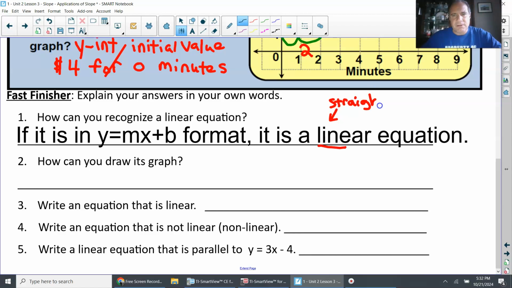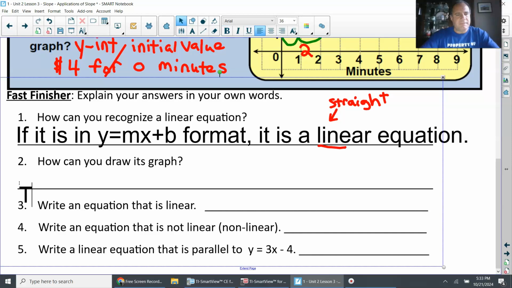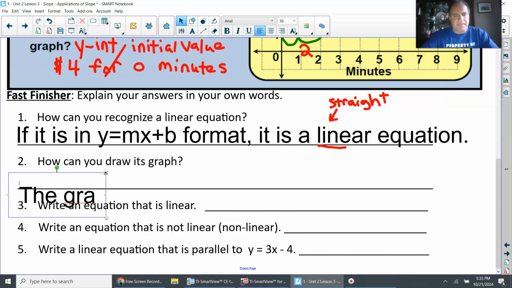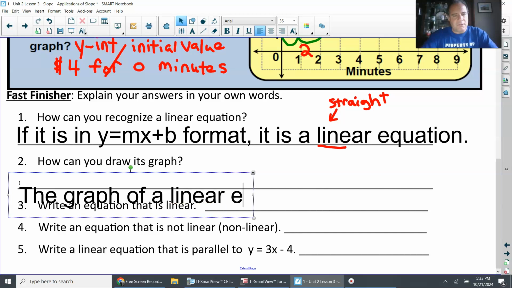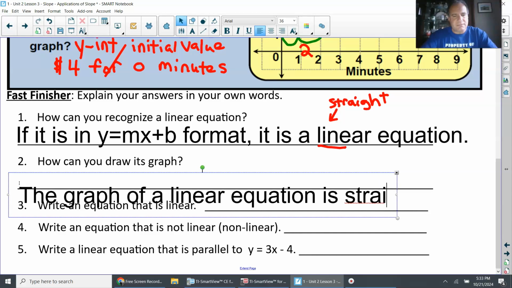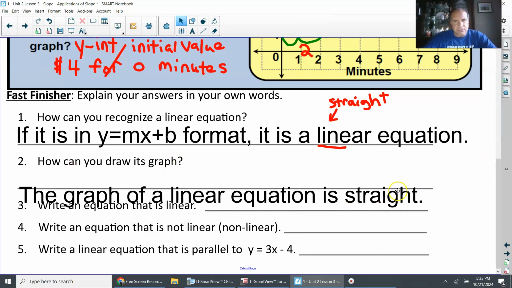So if you're going to answer the second question, how can you draw its graph? The graph of a linear equation is straight. If that line is straight, it is linear.